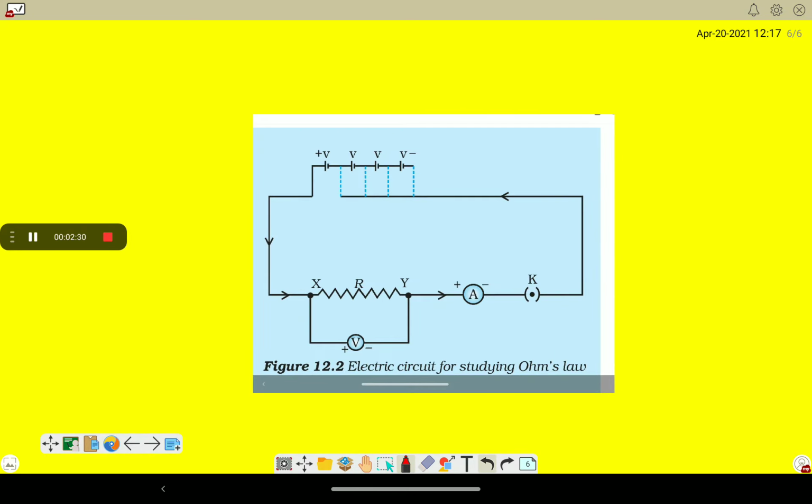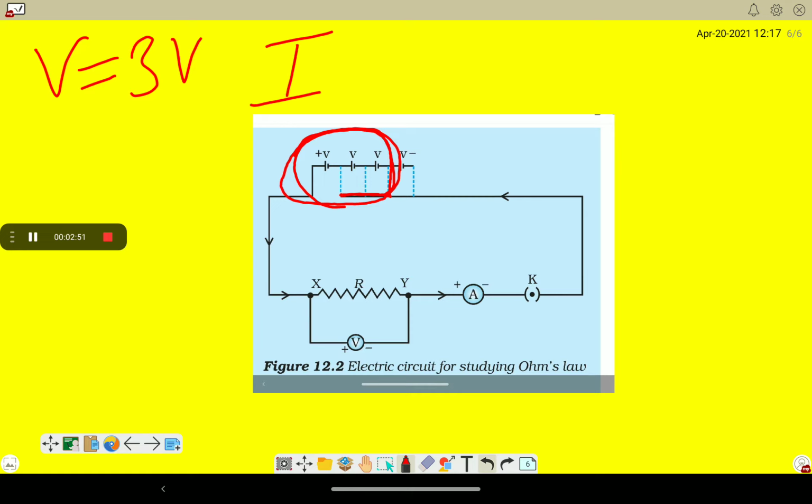Okay. Now we have connected another third cell to it. Now in this battery we have 3 cells. First we have 1 cell, then we have 2, now we have 3 cells. And what has been observed? Suppose V is now increased to 3, so I becomes 1.5 ampere. Okay.